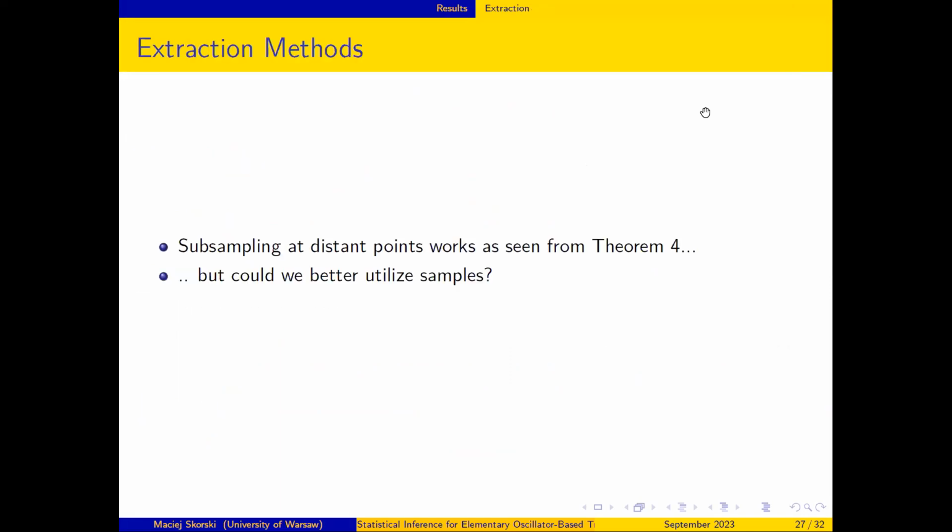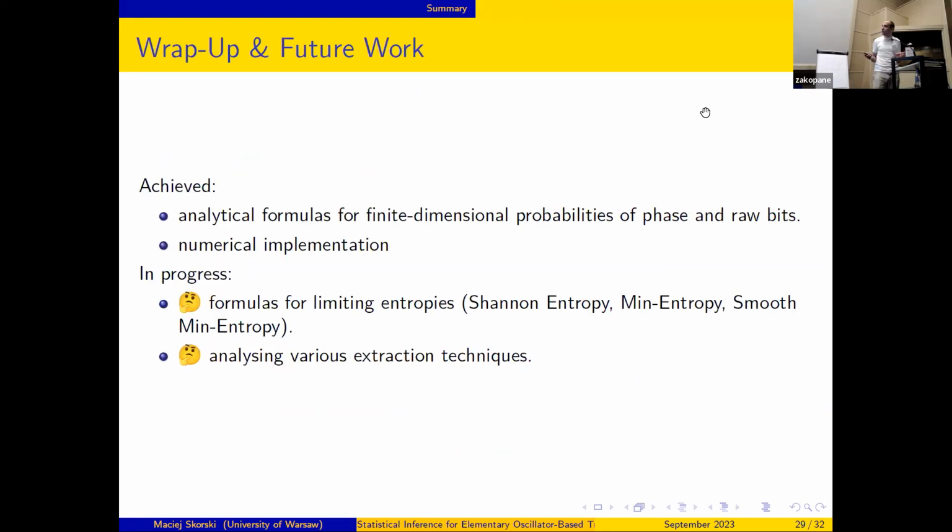Rather, I'm going to highlight again that although I have obtained analytical formulas for finite dimensional probabilities, and also did some work on numerical implementation and integration, on my top priority list is something of much higher importance.